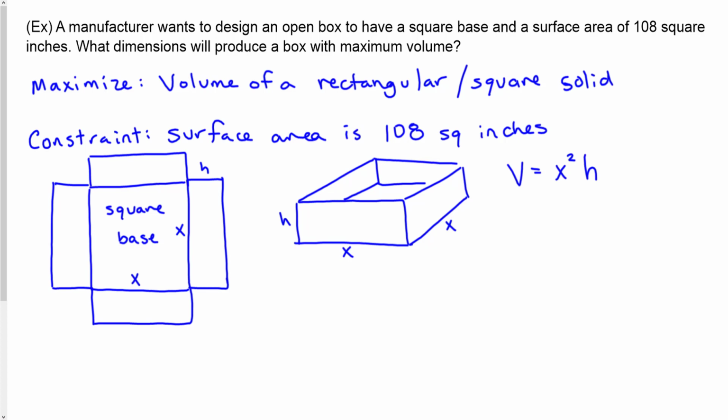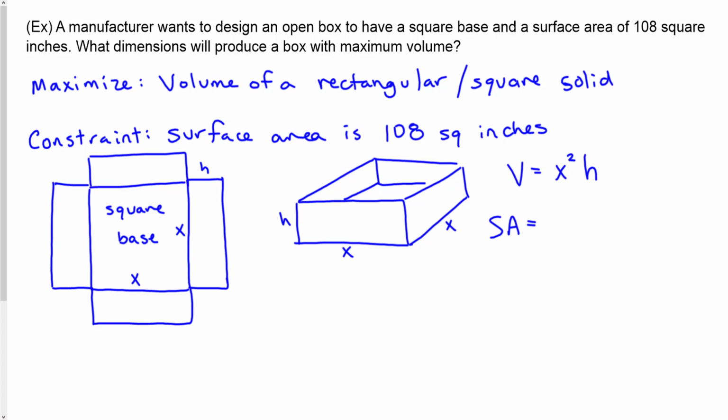And as what's been happening, this is a function that has more than one independent variable. So I need to come up with a way of eliminating one of those variables with my constraint. So let's look at that constraint. The constraint is surface area. The surface area of this box, let's see if we can come up with that.